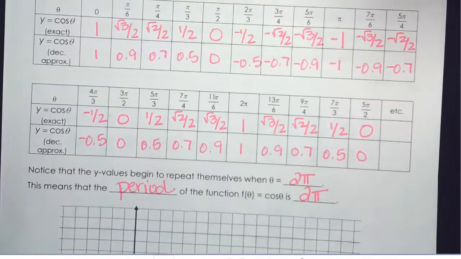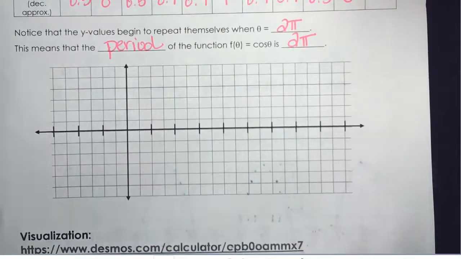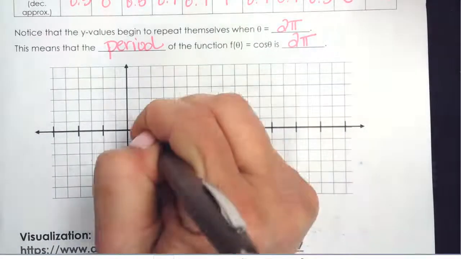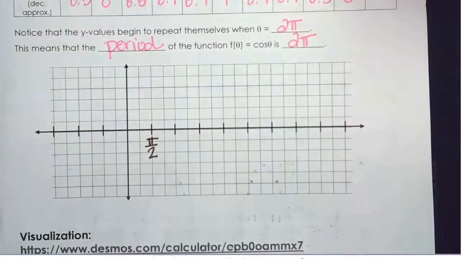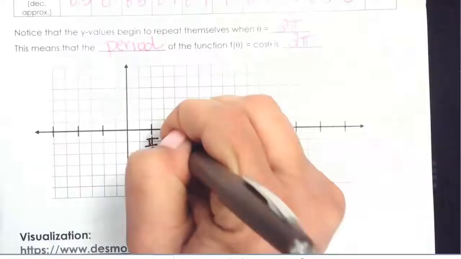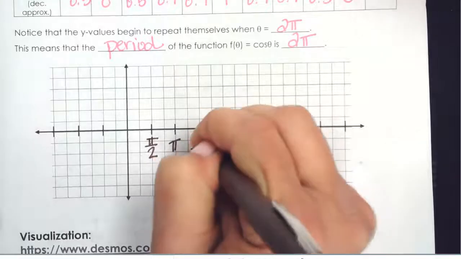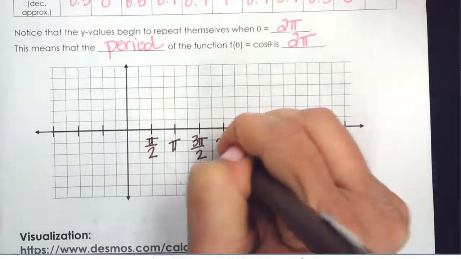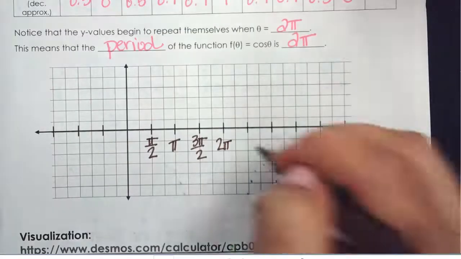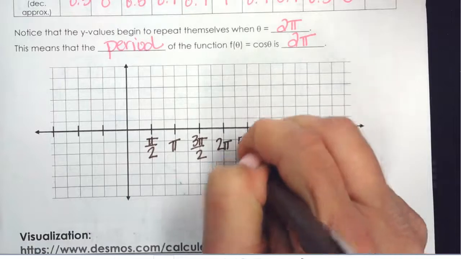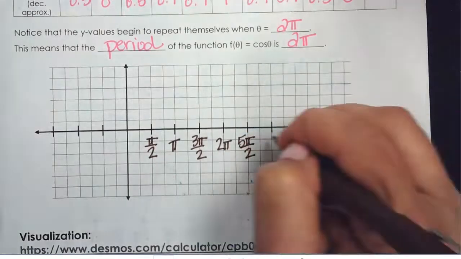Okay? Once again, let's see what the graph looks like by labeling our graph. And we're going to label it at pi over 2, pi, 3 pi over 2, 2 pi, 5 pi over 2, etc.